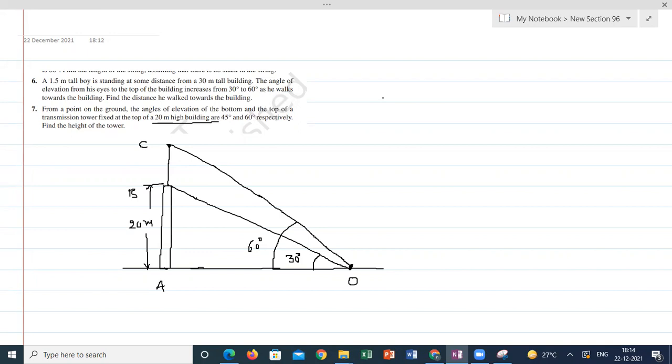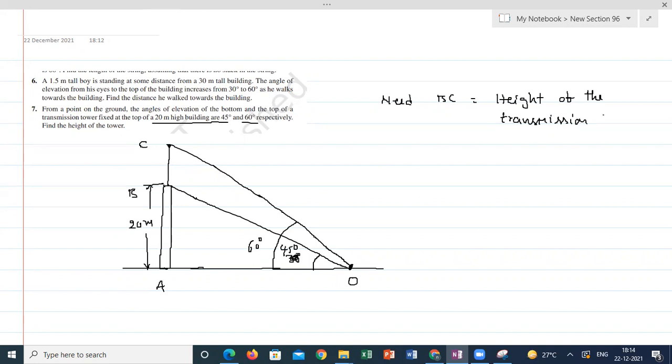So the ultimate goal is to calculate BC, where BC is the height of the transmission tower. Sir, the angles are 45 degrees and 60 degrees. Sorry guys, this is 45 degrees.